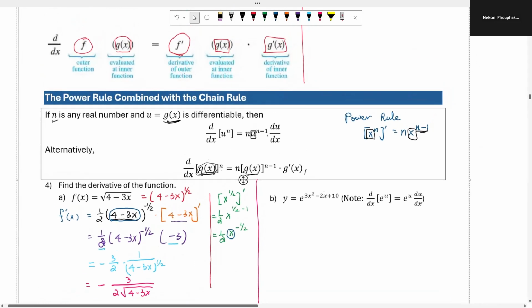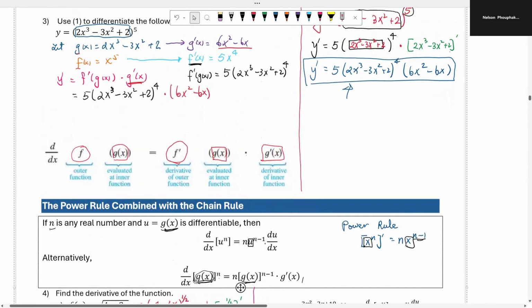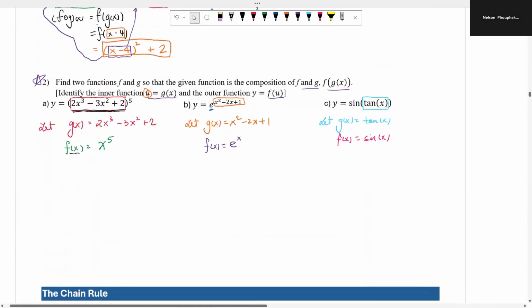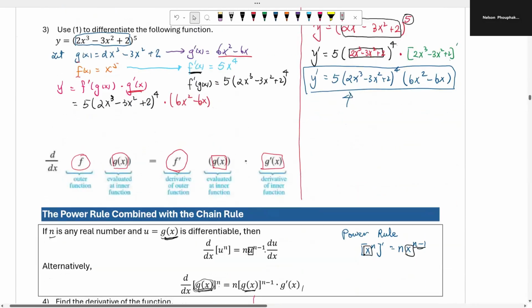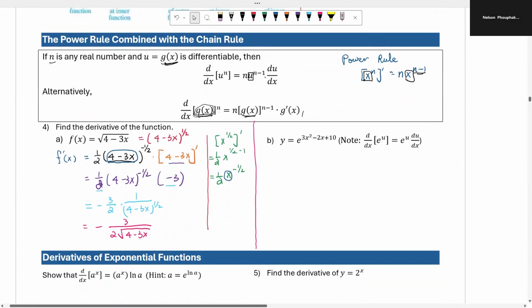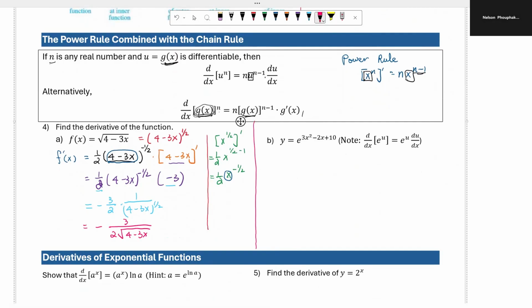Now again, for problem b, you could consider, just like what we had before, that we assign the power to be my inner function. So basically the form of this function y equal to e to the power of 3x squared minus 2x plus 10 is like e to the u, where u is 3x squared minus 2x plus 10.